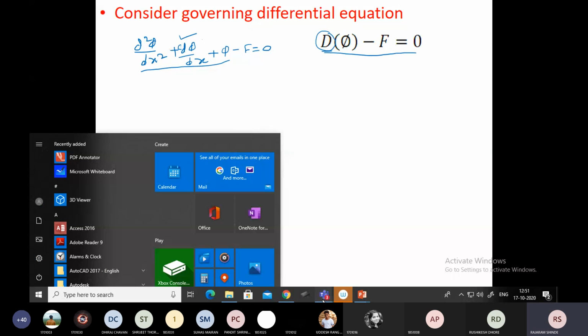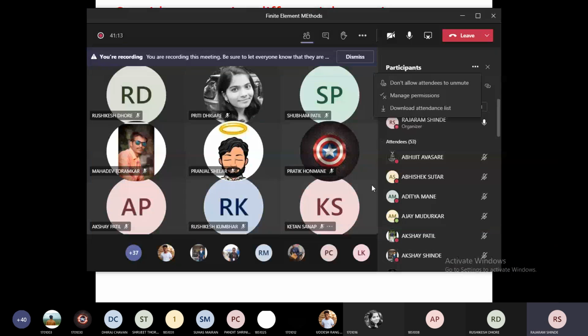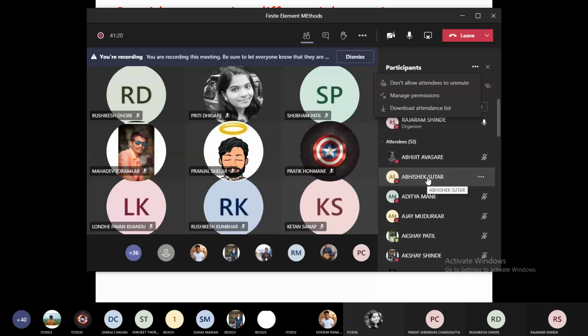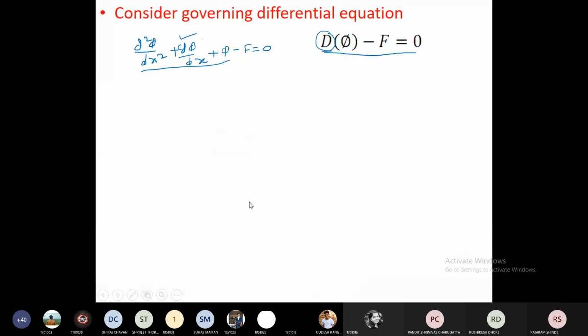You see this one, it is the form of a differential equation. I will explain again. This is a short form of the differential equation, D phi minus f is equal to 0.